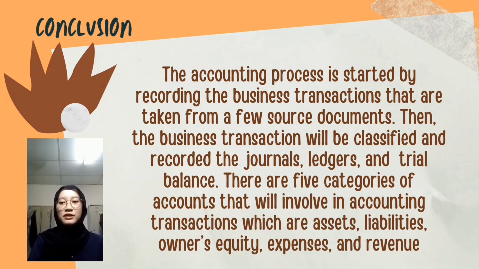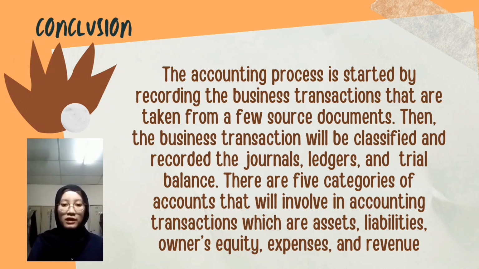After that, the company must do ledgers. Ledgers are combined from several similar accounts. Ledgers are important because all the balances from each of the ledgers will be used in the trial balance. At the end of the month, the company prepares a trial balance that contains all the accounts in the ledgers.